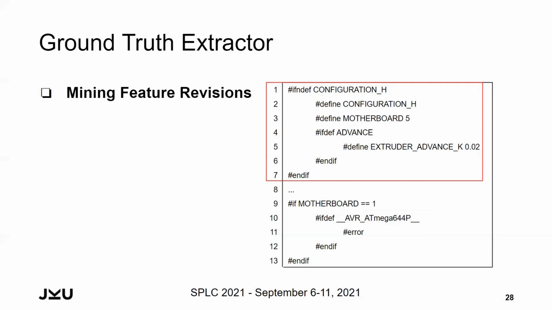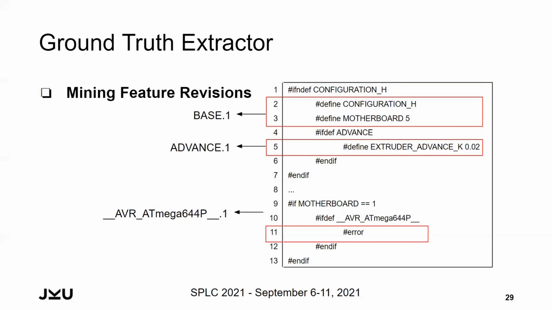In this case, ifndef means that this block of code will be executed if this feature is not selected. So we assign this change to feature Base. With this example, we would have feature revisions Base 1, Advanced 1, AVR ATmega644P 1.